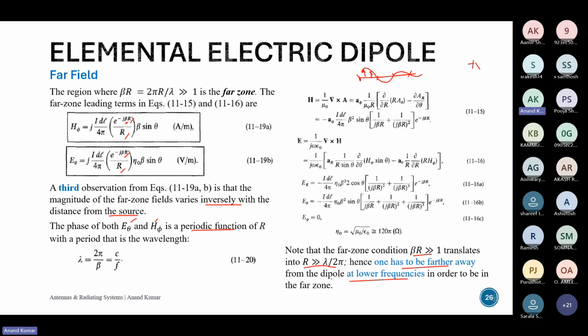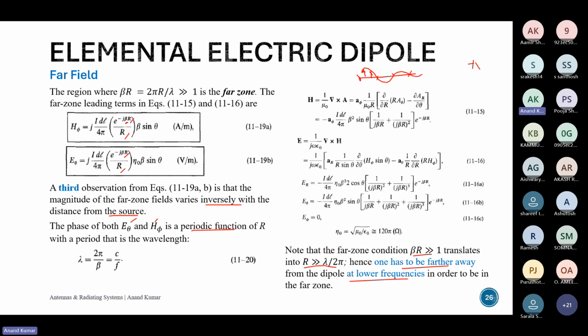So this is an observation that for lower frequencies, to be in the far field zone, you'll have to be at a greater distance, because this r, the distance where you are looking at the wave, should be greater than lambda upon 2 pi, and for lower frequencies lambda is greater. Hence you have to be farther away to experience a plane wave if you are at a lower frequency.